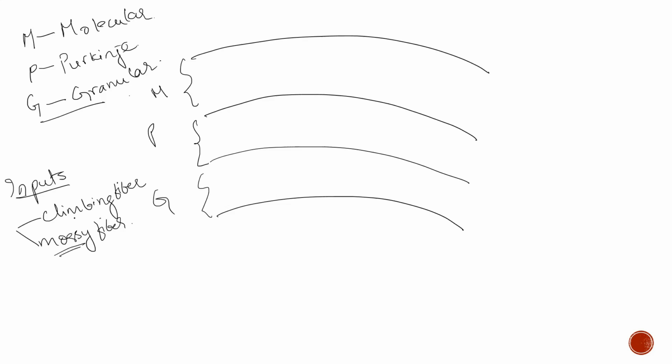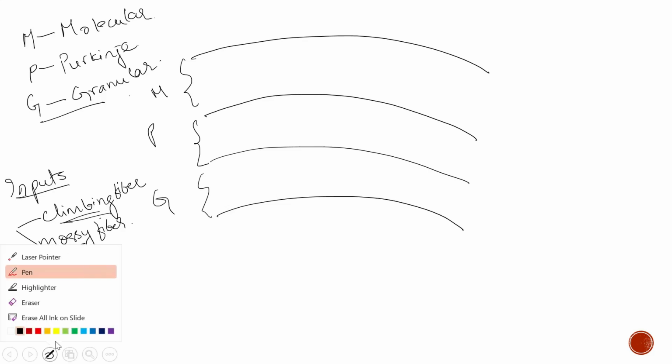The climbing fiber specifically denotes the connection from the olive to the cerebellum. Except for that one special pathway, all are called mossy fibers. So let us trace these pathways and make the circuit.